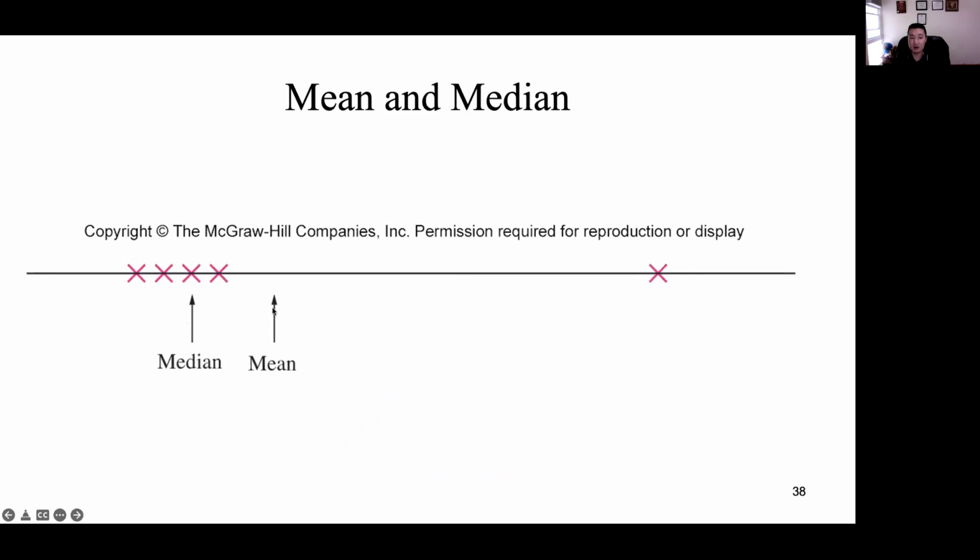But the mean value, which is the value of these 5 sample items added together and divided by 5, will be here. Because we have an outlier, the difference between the median and the mean is quite large. If we do not have these outliers, then the median and the mean will be much closer to each other.